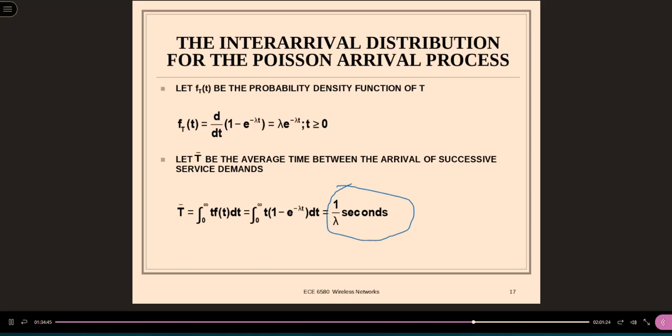So this is now one model for which we have a complete probabilistic description of the process.